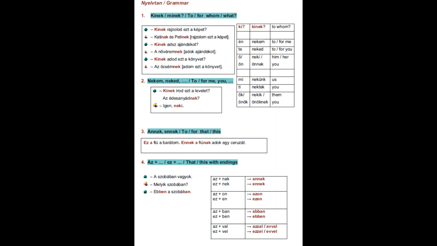Ebben a szobában. In this room. Ebben. In this. A szobában. In this room. Now you can also say, the easier way to say this would be e szobában.